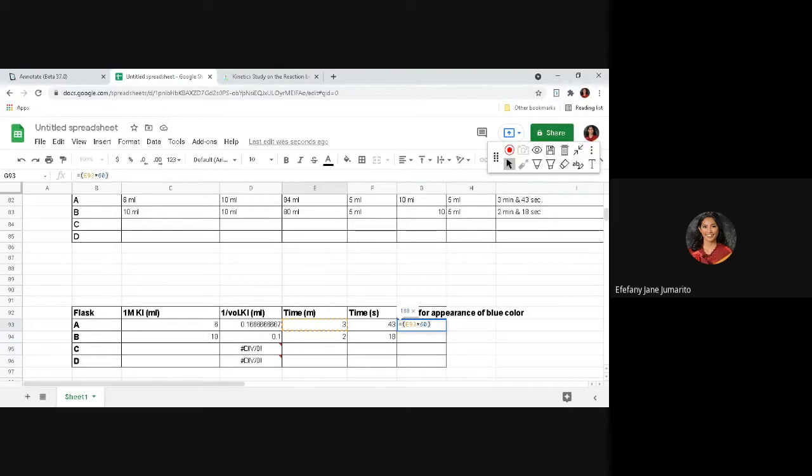Then parenthesis plus, which is shift and plus on your keyboard, 43. Plus, click the cell 43, enter. Okay, that's it. And then drag to apply the formula. You will learn this in class, since we go quickly.